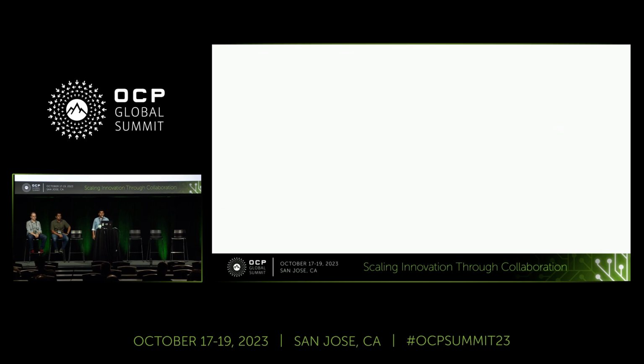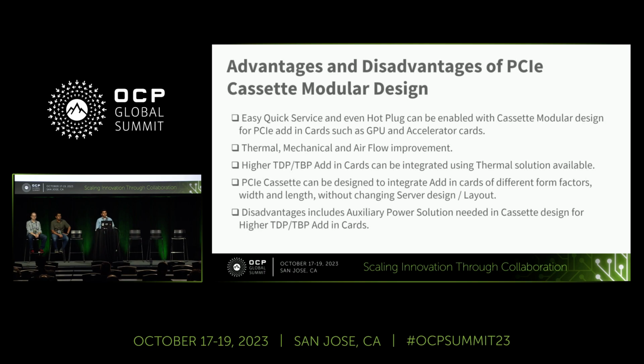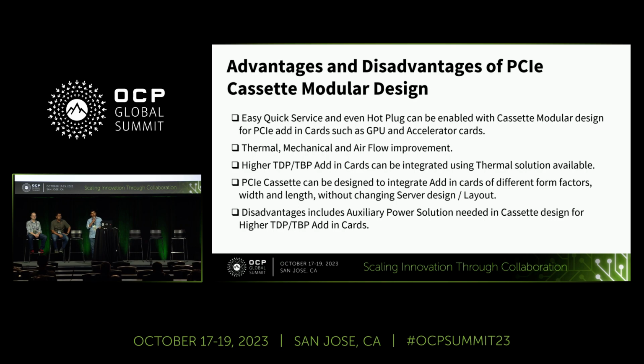What we are looking for in future designs is the advantages, especially the quick, easy service, even with the hot plug enabled cassette modular design for PCI add-in cards, with concentration on GPUs as well as accelerator cards. That includes the other FPGA cards that we are shipping with.